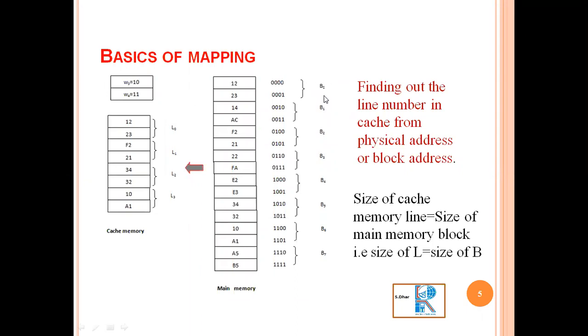Clear? That means from the block number we have to map the line number. Again I am telling, from the block number we have to generate the line number. Suppose the block number is given, we have to find out what should be the line number of that particular block. That means where the particular block in the cache memory should be stored. That is called the basics of the mapping.